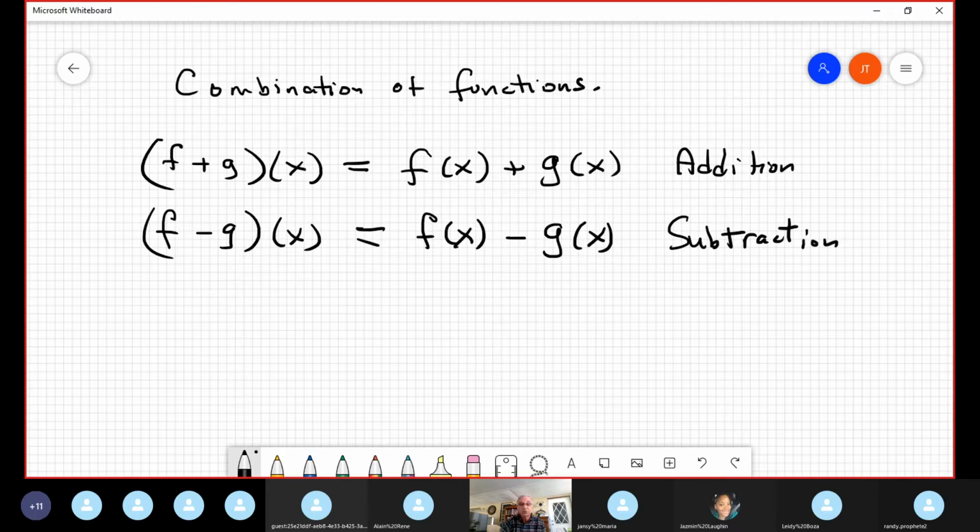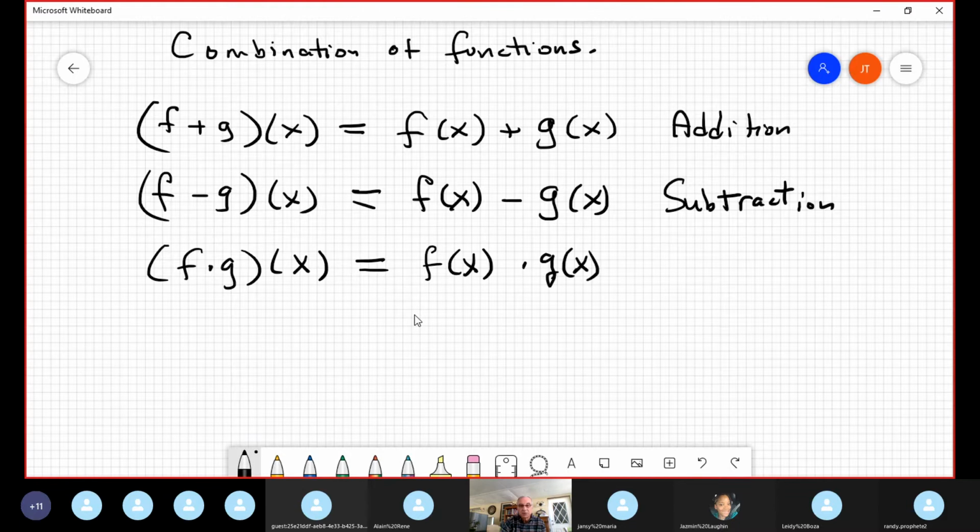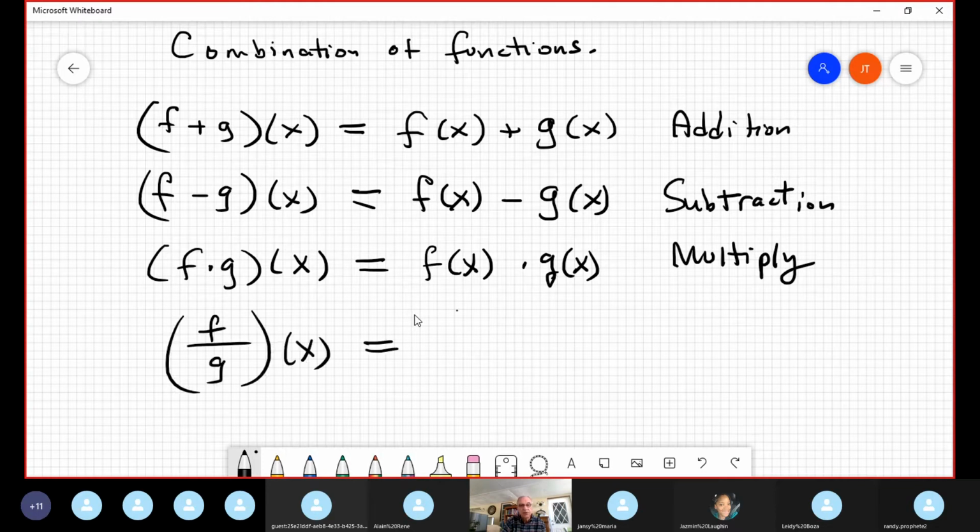Now, multiplication and division. The notation is f times g of x is equal to f of x times g of x. It's a multiplication. And division, f divided by g of x, is equivalent to f of x divided by g of x. Division.